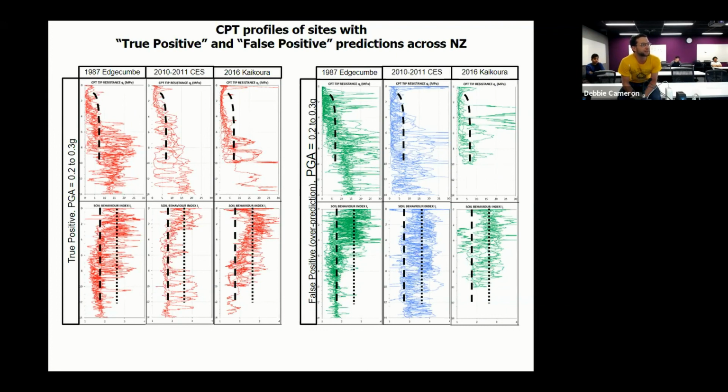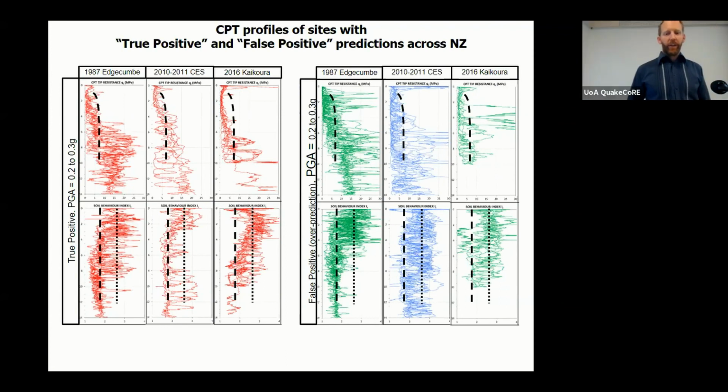So let's say the two cases, Edgecumbe and Canterbury, look swapped. So my question is at this point, in which kind of soils, which mineralogy, do we find in the three cases?